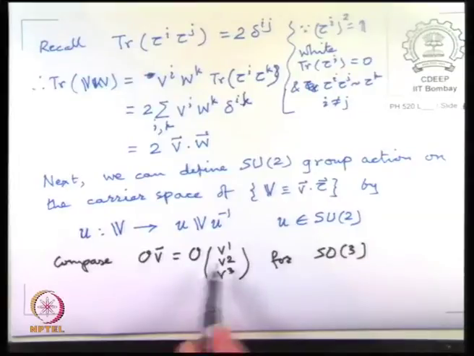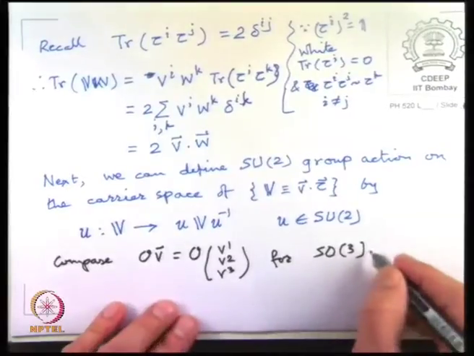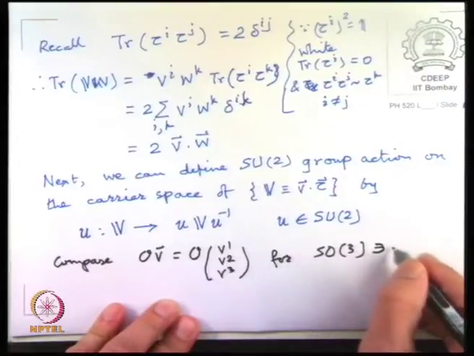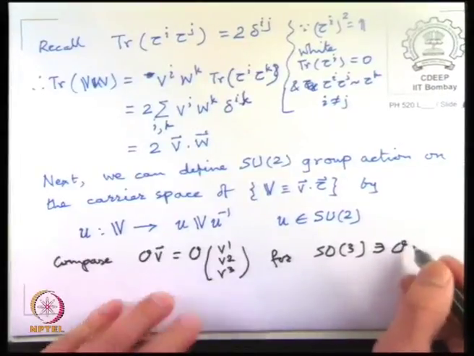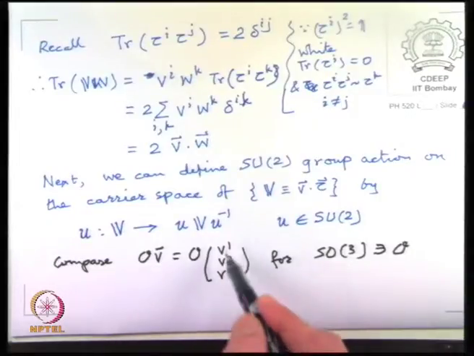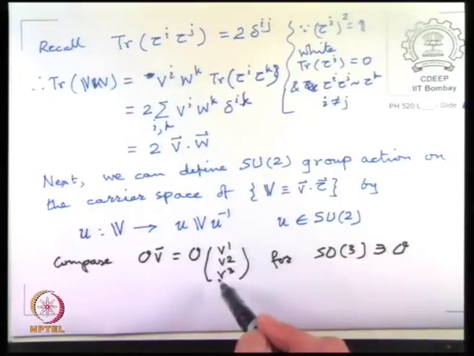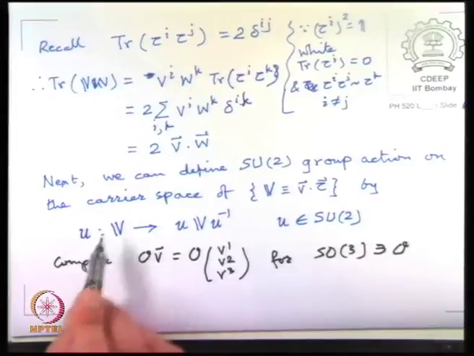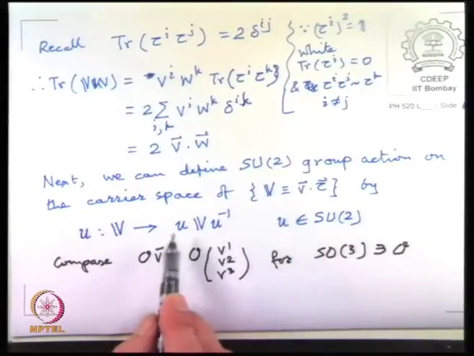Now the same where O is belonging to, I am sorry, O belonging to SO3. So these same real numbers V1, V2, V3 which appeared as column vectors and with one helping of O are now transforming here by two helpings of U.